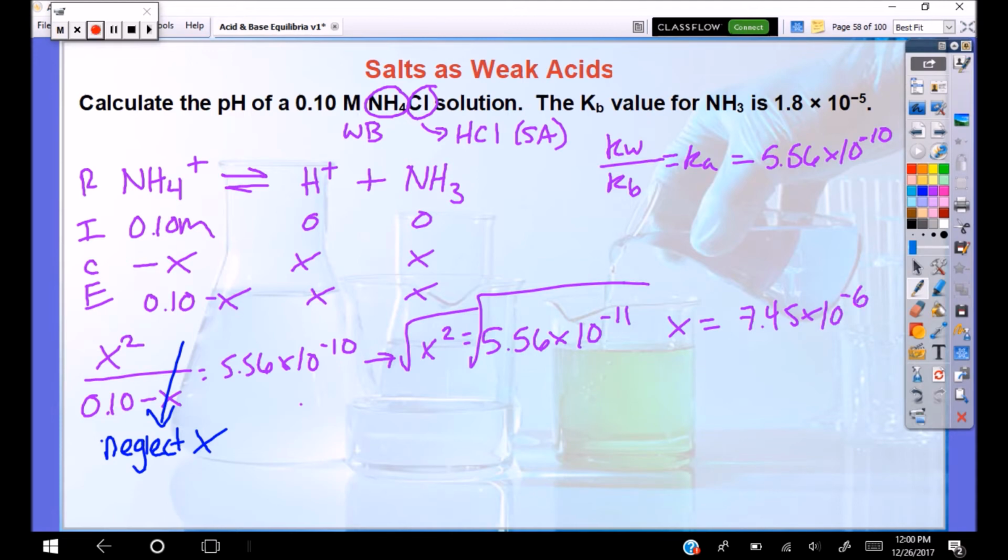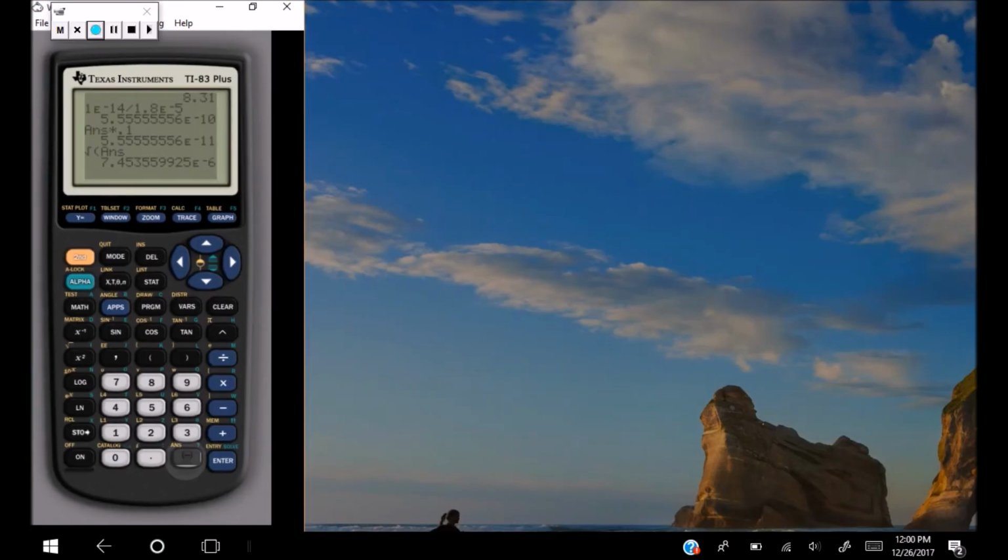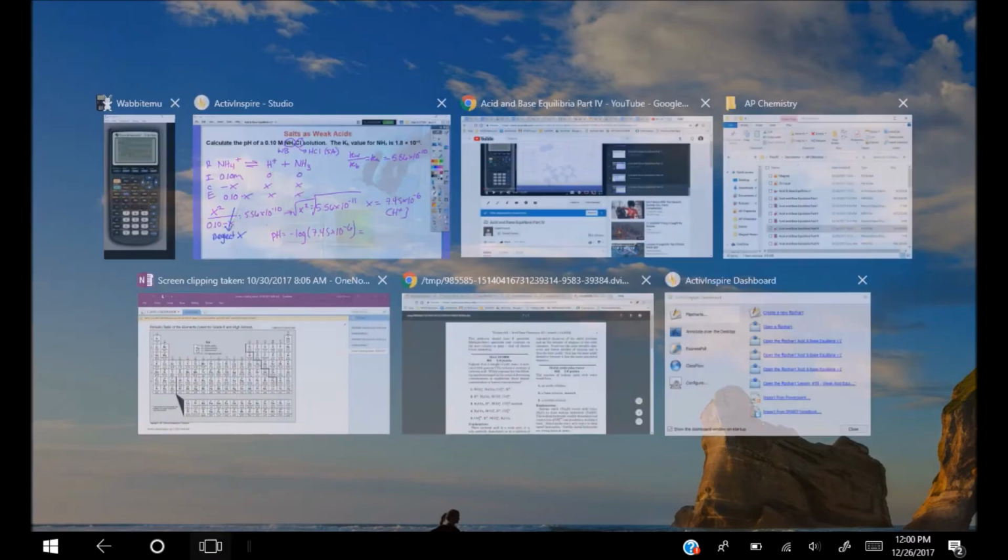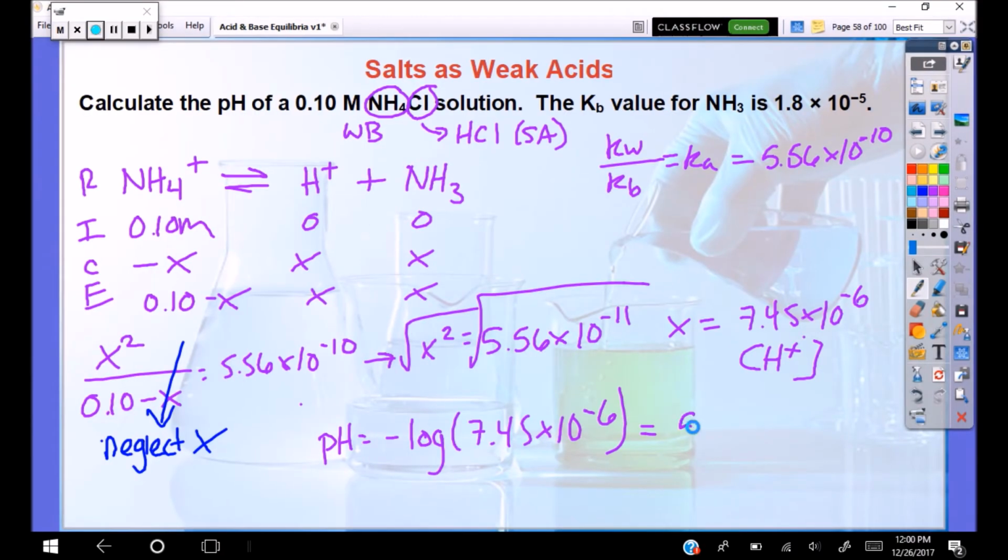And the beautiful thing, this is my H plus. I don't have to do an extra step this time. So pH is equal to negative log of 7.45 times 10 to the negative 6th, which is 5.13. 5.13 is my pH, which is slightly acidic, like we thought it would be.